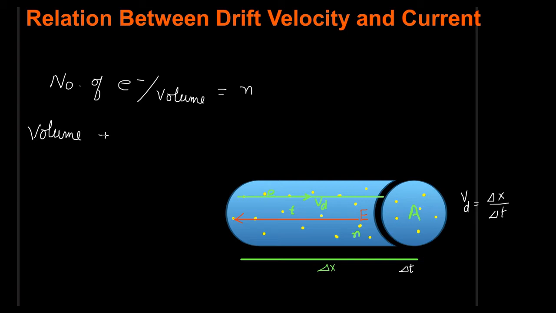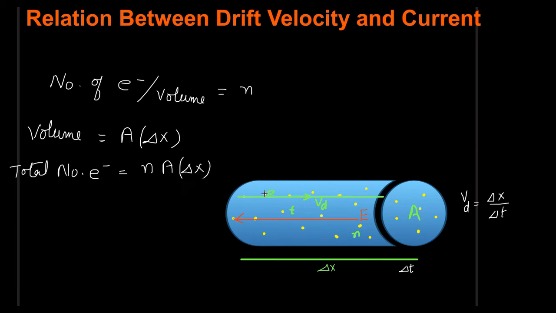So the volume of the cylindrical conductor is equal to A into delta x. So what may be the total number of free electrons in this conductor? That is n times A delta x.